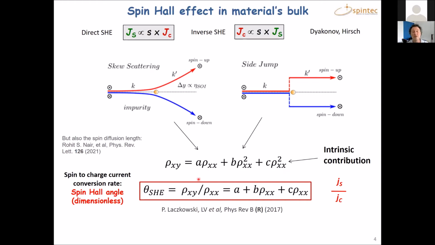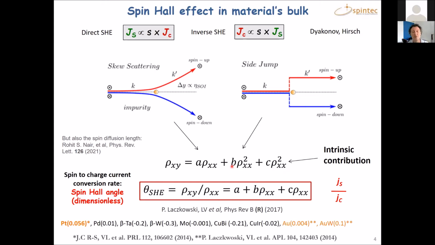Depending on the different microscopic origins, skew scattering, side jump, intrinsic contribution, they will influence the spin Hall angle in a different way. The third important parameter is the spin diffusion length of the material, which also depends strongly on the resistivity. There have been lots of studies on metals, with a large range of spin Hall angles reported.